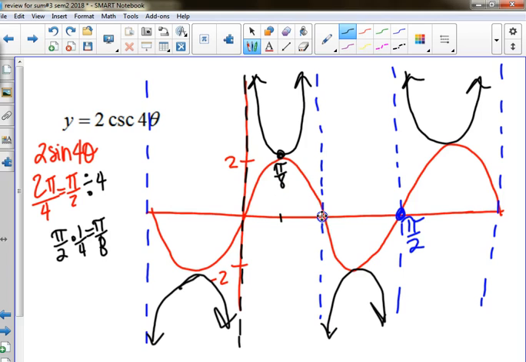This was 2 pi over 8, which is pi over 4, for that asymptote. This is 3 pi over 8. And 4 pi over 8 is 1/2. So the next one out here is 5 pi over 8. And the next asymptote is 6 pi over 8, which would be 3/4, right?